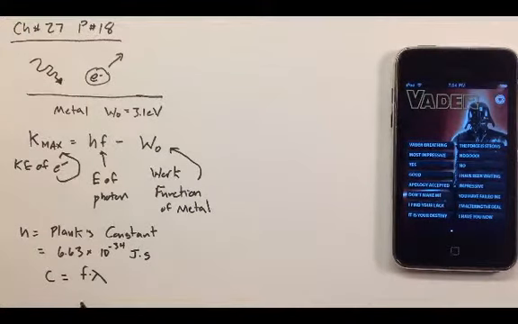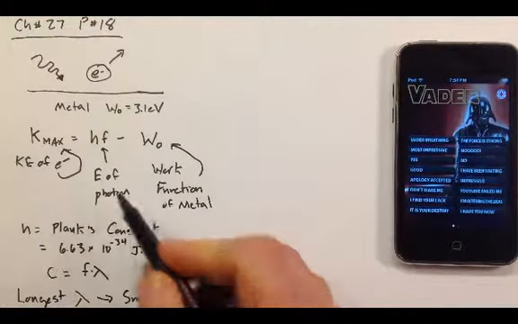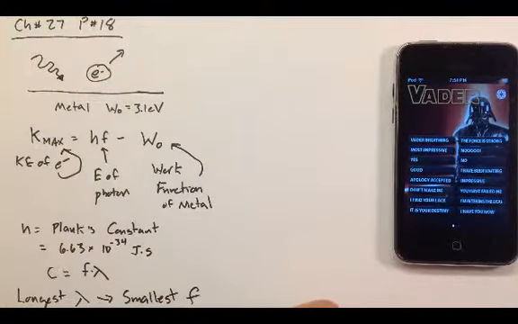Also keep in mind that when it comes to electromagnetic waves like light, the longest wavelength, which this problem asks about, corresponds to the smallest frequency. And that also means the least amount of energy. Frequency and energy are directly proportional. So the larger the frequency, the larger the energy; the smaller the frequency, the smaller the energy. And as wavelengths get larger, energy gets less.